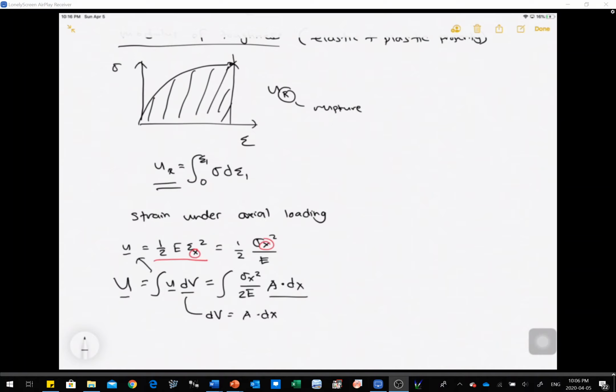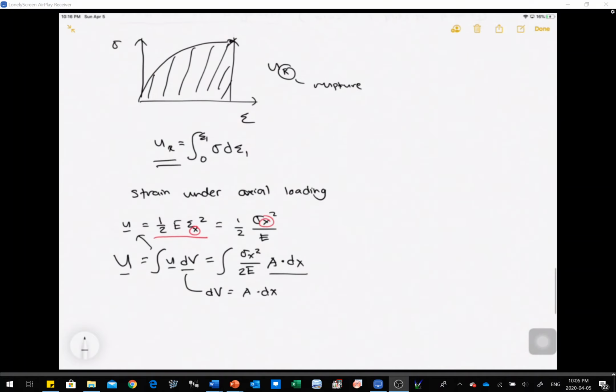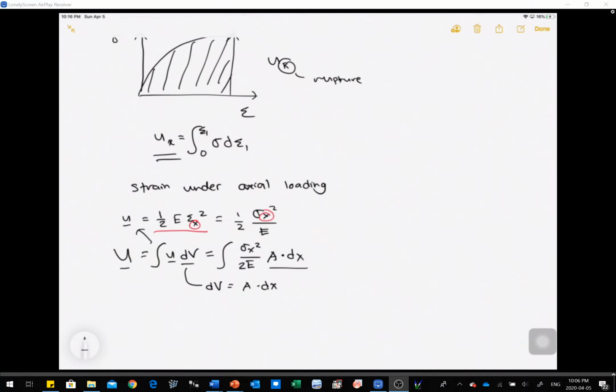Now that we have that equation, we can also say that our U, sorry, I should not underline this one because that's a capital U. So our capital U is also equal to P squared divided by 2EA squared times A dx.